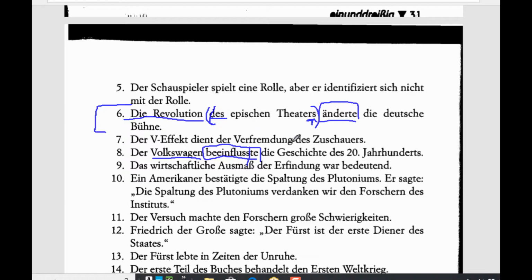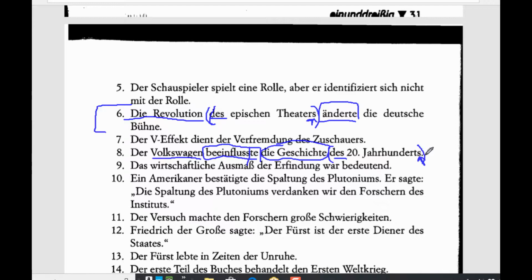And then the history, and then where's the genitive phrase? Here's the direct object. Des Jahrhunderts, des 20. Jahrhunderts. And how do you know it's the genitive? It has the telltale des article with the added S at the end. Masculine neuter. Good.